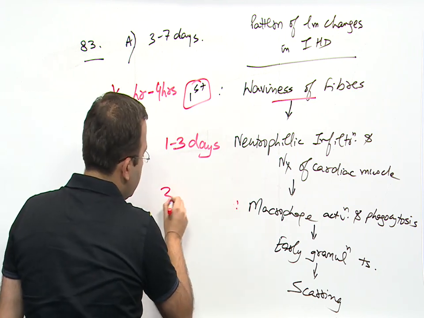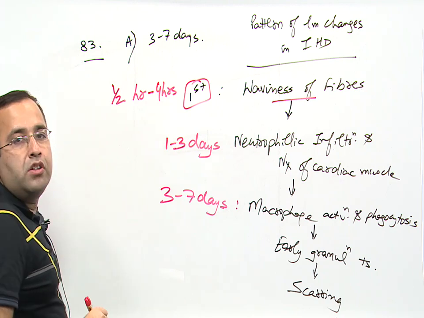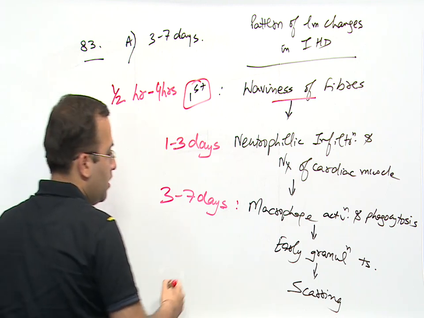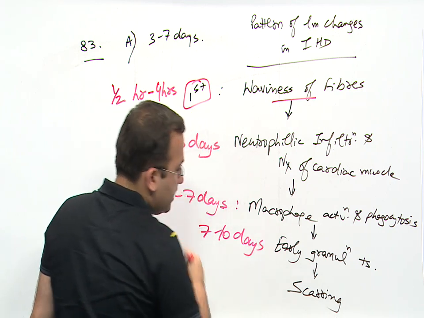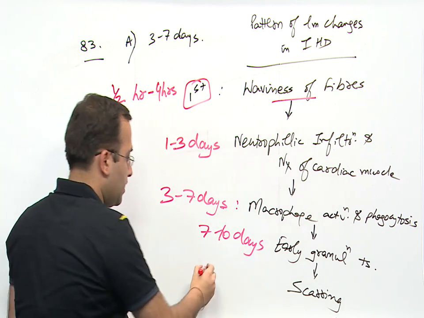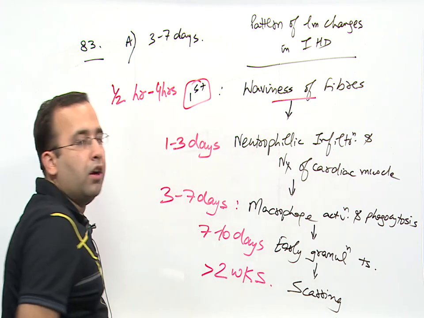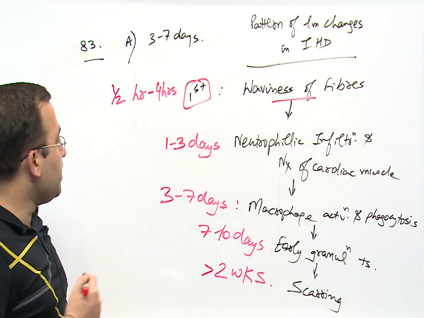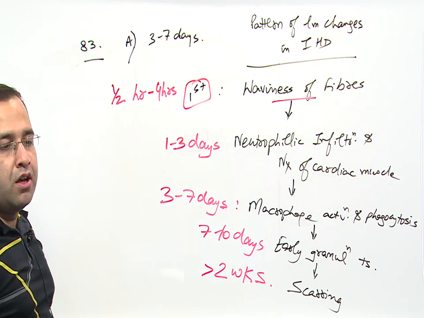Next, macrophage activation and phagocytosis, 3 to 7 days. Early granulation tissue formation, 7 to 10 days. Scarring, more than 2 weeks.